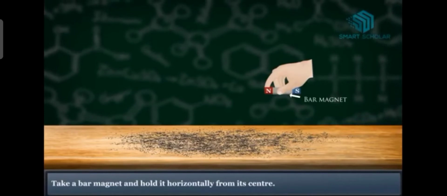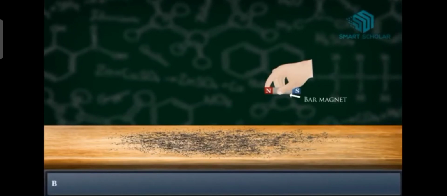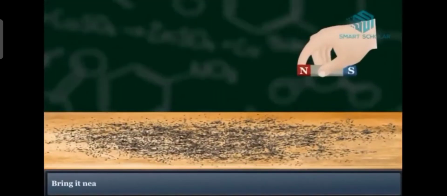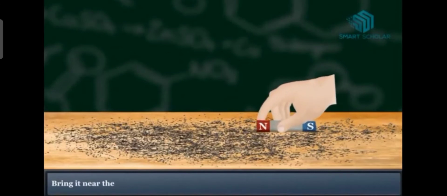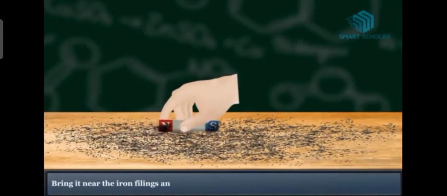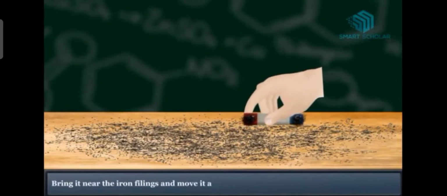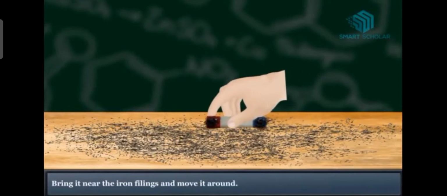Then let us see what is going to happen to the iron filings as well as the bar magnet. Look here, when we bring this bar magnet to the iron filings, we move it through the iron filings.